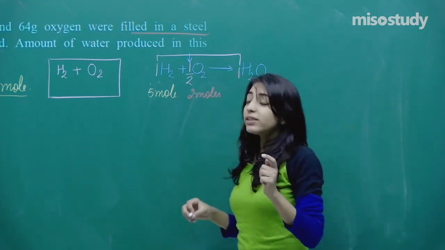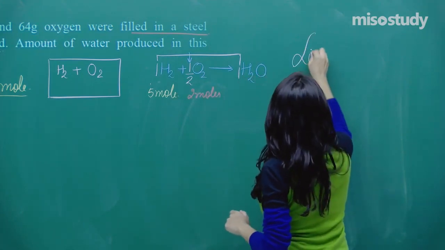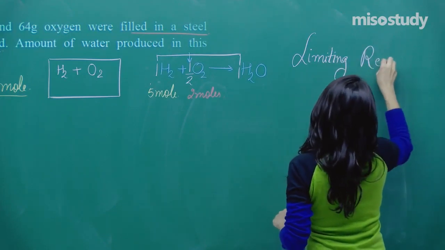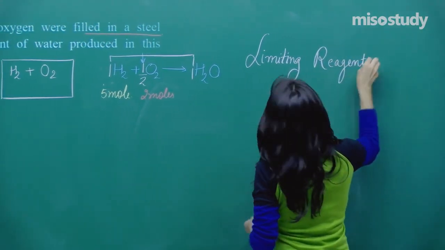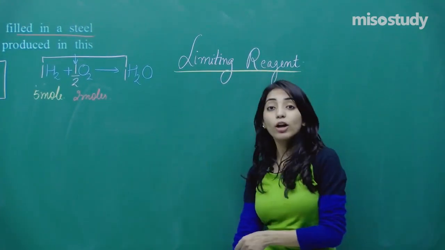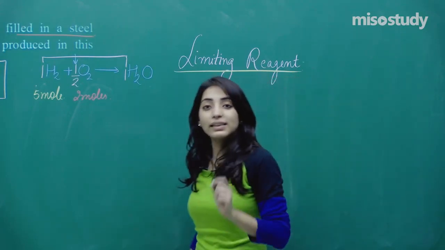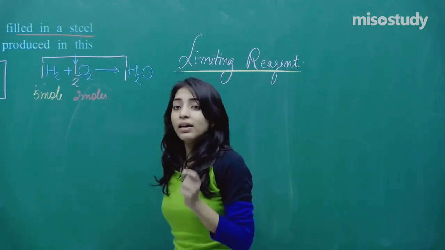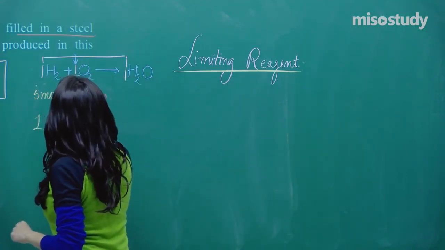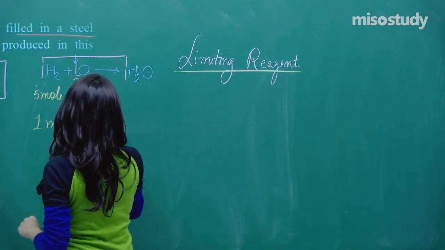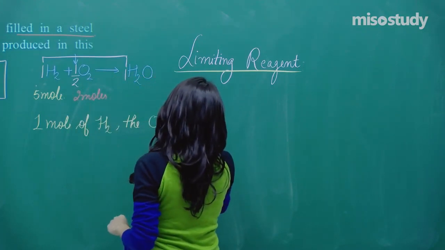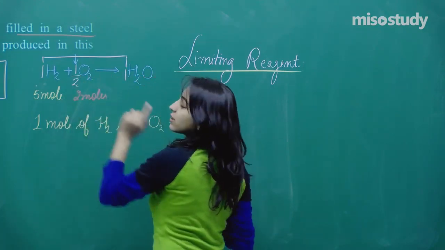Why? Because first of all, we need to find what is the limiting reagent of the reaction, which will limit the amount of the product that will be formed in this balanced chemical equation. Am I right? Now see carefully, if I am taking 1 mole of hydrogen, the oxygen needed will be, how much oxygen is needed?